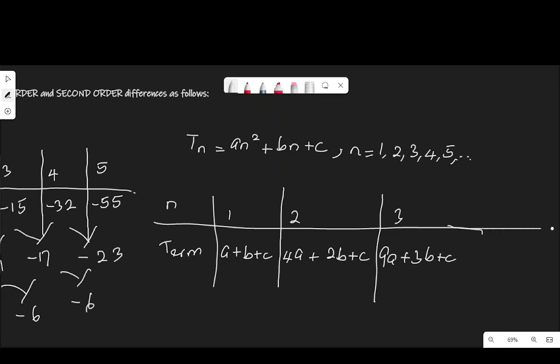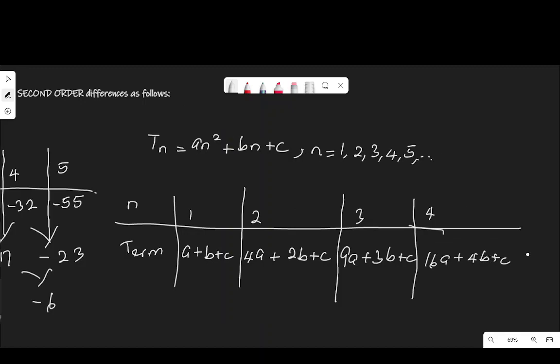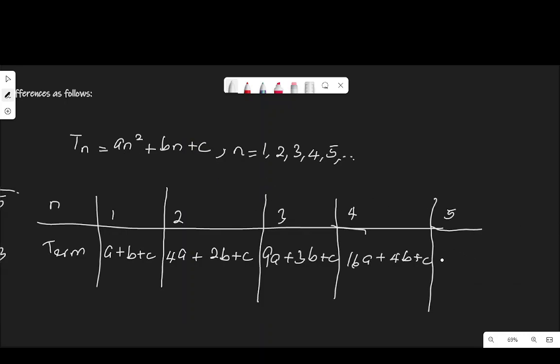When n is 4, 4 squared is 16, I have 16a plus 4b plus c. And lastly, when n is 5, 5 squared is 25, 25 times a is 25a plus 5b plus c.